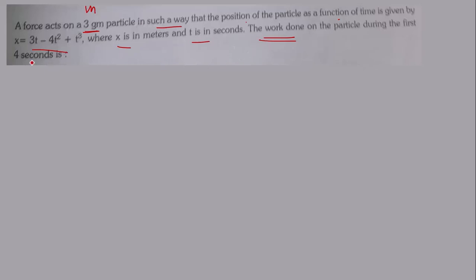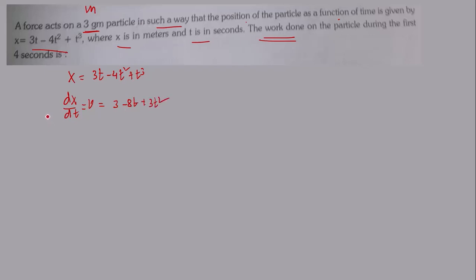Now, since the displacement is changing, can I say the force is also changing? Why? Because there must be some acceleration, and if acceleration becomes a function of time, then the force is not a constant number. So I have to check whether the force is constant or not. For that, x is given as 3t minus 4t square plus t cube. So dx/dt will give the value of velocity v at any instant, that is equal to 3 minus 8t plus 3t square.